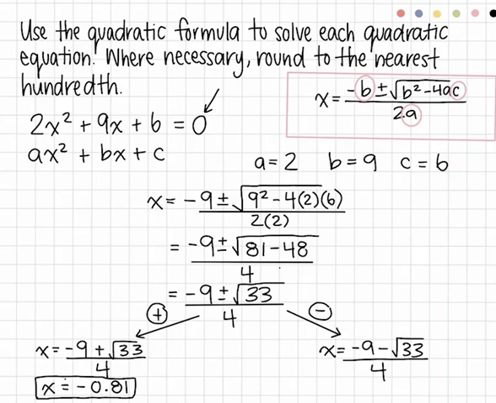And on this side, I'm going to get x equals approximately 3.69. That little dot above the equal sign means approximately.